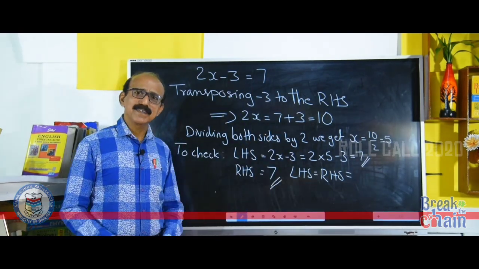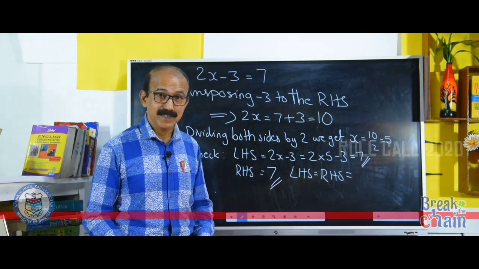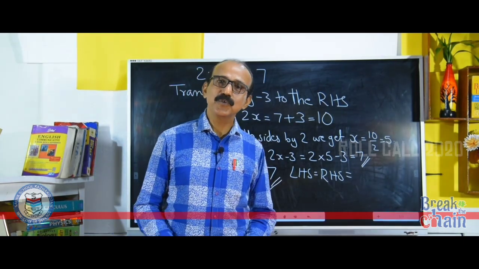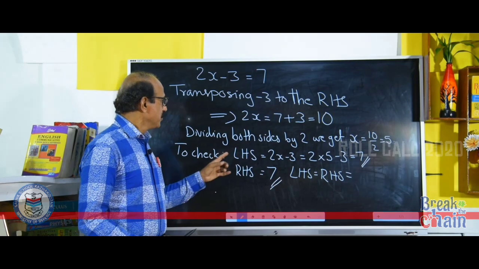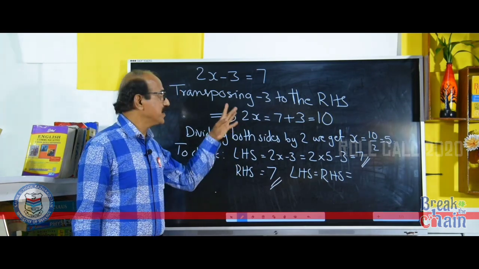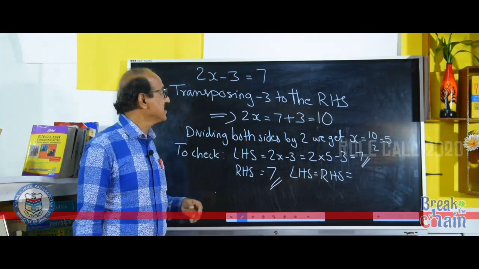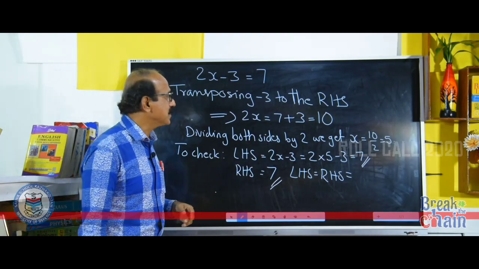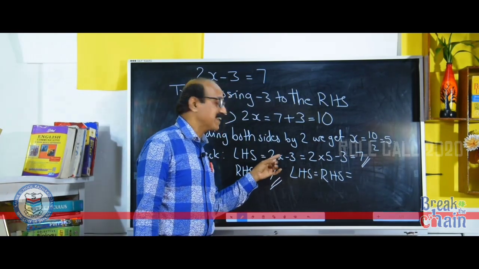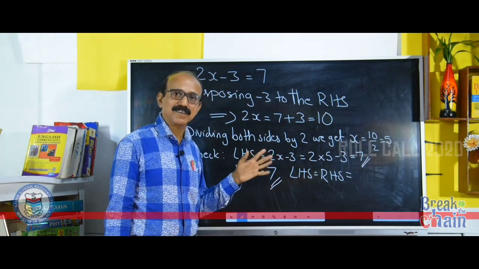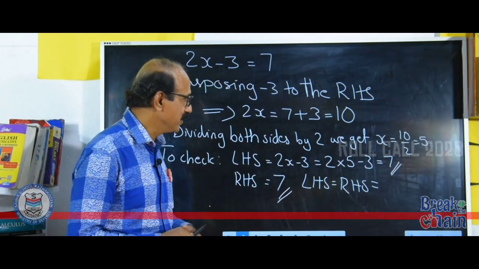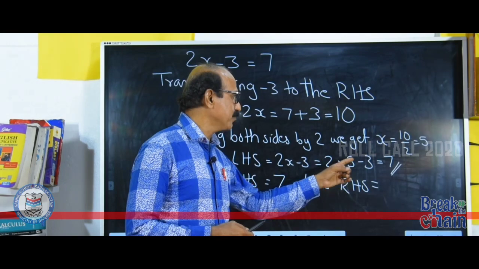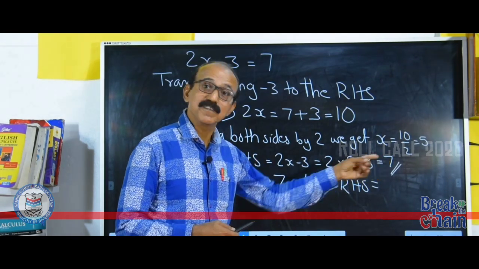How do you know that the answer which you have got is correct? To check your solution, you consider the left hand side of the given equation. What is LHS given? 2x minus 3. And what answer you have got? x equal to 5. So you have to replace x by 5 in that. Wherever x comes, you replace x by 5. So we get 2 into 5 minus 3, which is equal to 7.